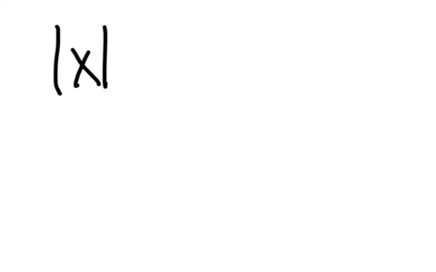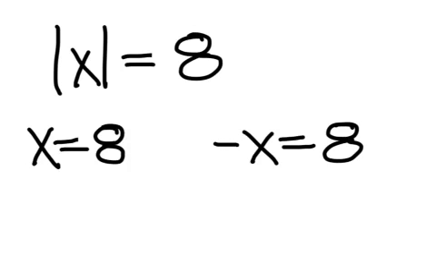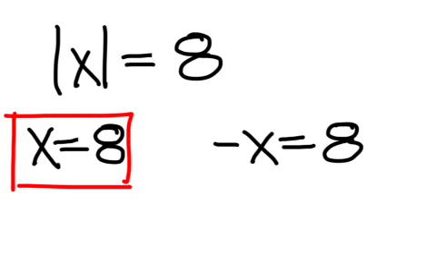Absolute value of x equals 8. Set it up first as x equals 8. And then set it up as negative x equals 8. You're finished with this because x equals 8, nothing else can be done to it.